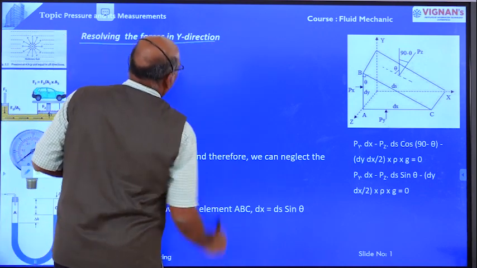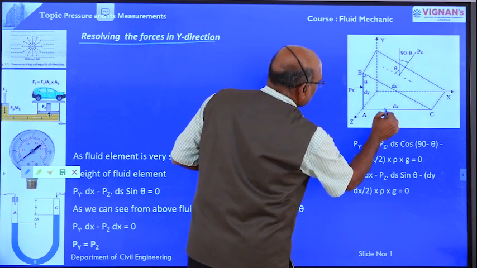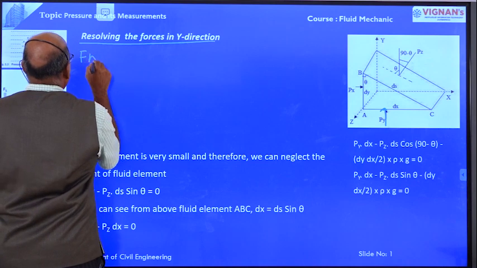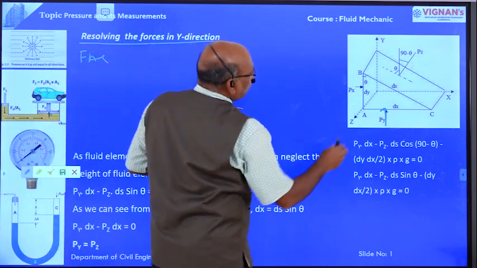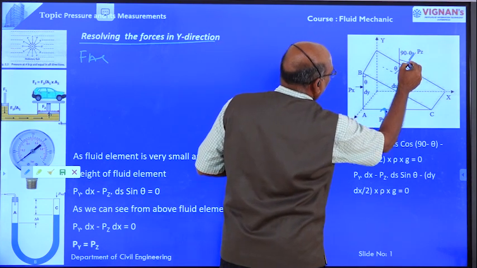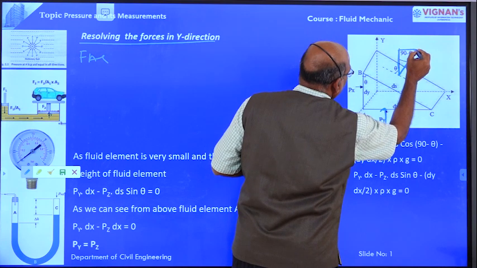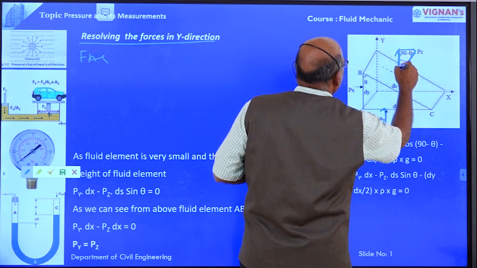Now we are going to resolve the forces in y direction, that is equal to one force on face AC, and another force because of this force, that is resolving into two components, one horizontal component, one vertical component. This is upward direction, this is downward direction.